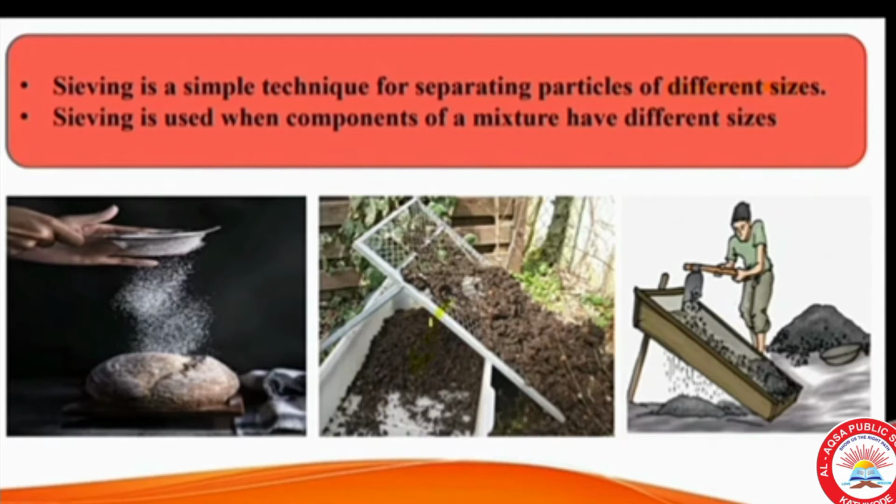Why do we do this sieving at a construction area? Do you know? Yes, to separate pebbles and stones from sand. So the fine sand particles pass through the holes of the sieve while the bigger stones remain on the sieve. So it's very easy to separate stones from sand.